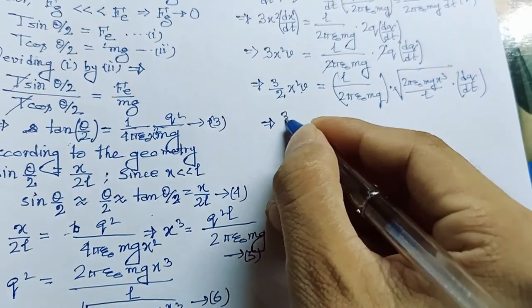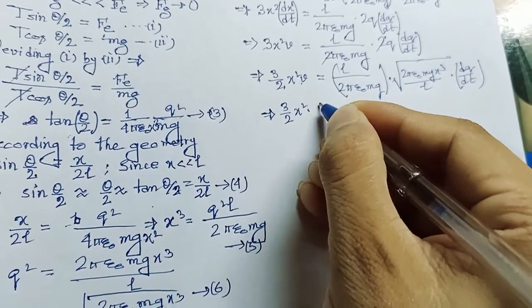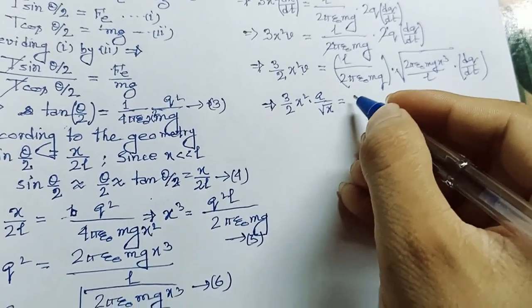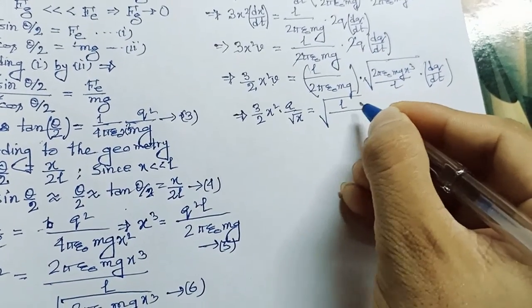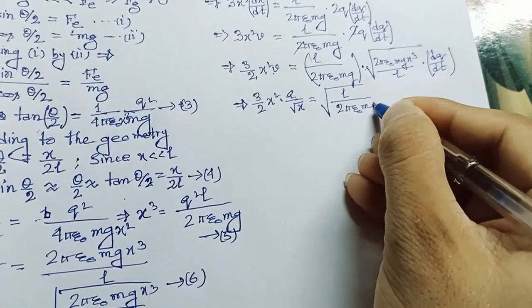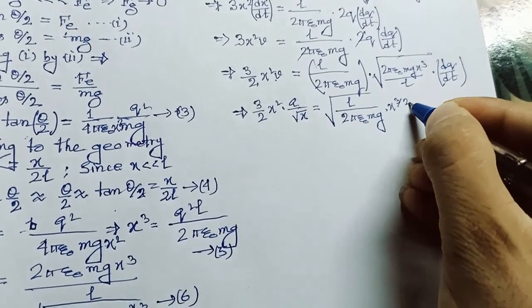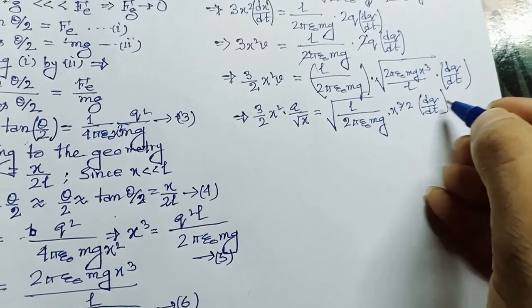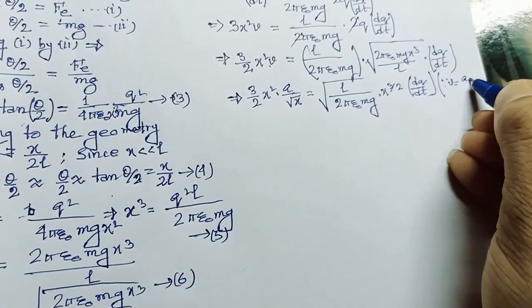So we can write 3 divided by 2 x square into a divided by root x will be equal to under root l divided by 2 pi epsilon naught mg x to the power 3 divided by 2 into dq with respect to dt. Because it is given here v varies in the relation a divided by root x.